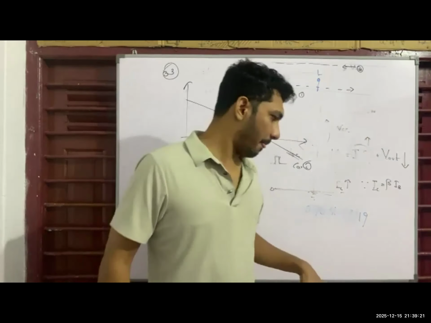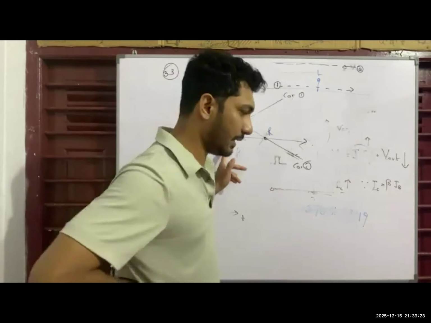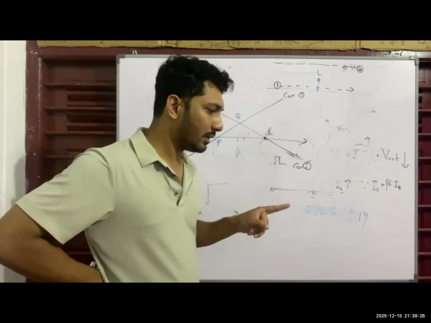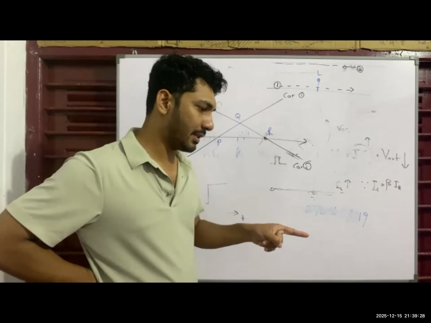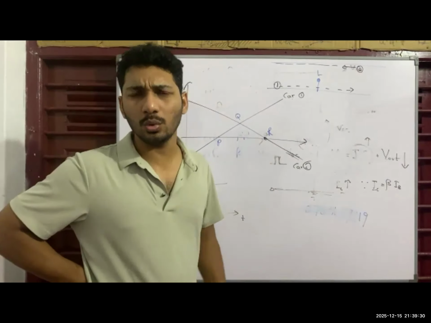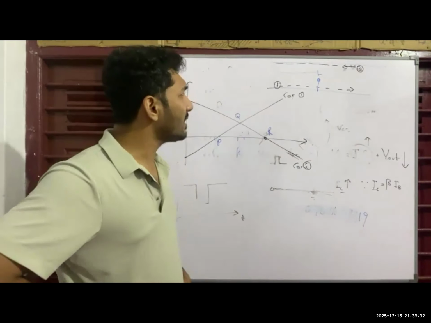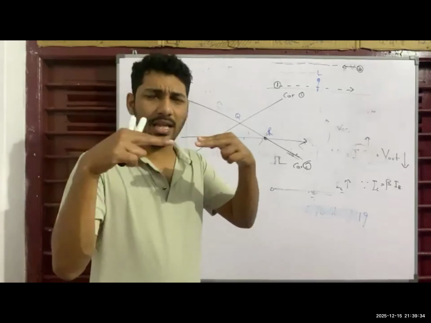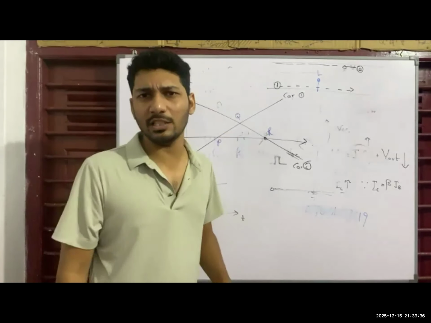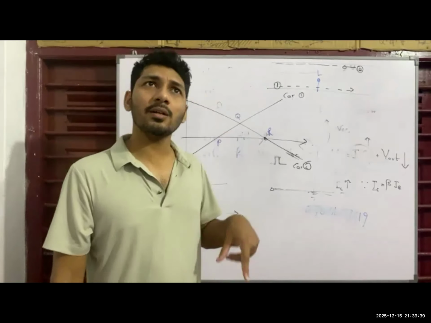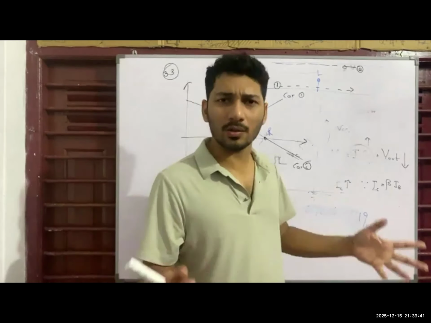Now first, relevant to P. First about the point P. Car 1 is coming from the left, crossing car 2. When cars are crossing, they have to be at the same displacement. Then only they can cross. Otherwise, they can't cross.